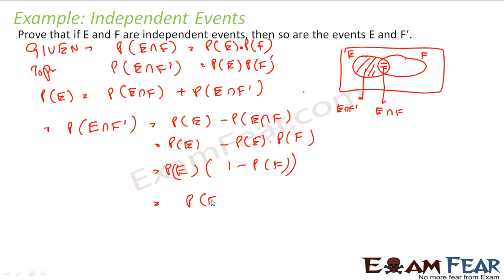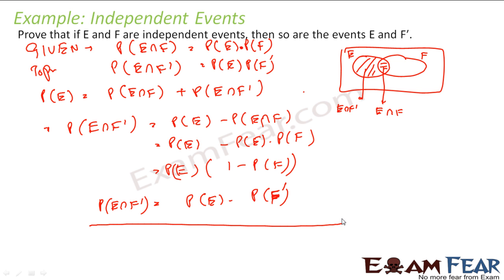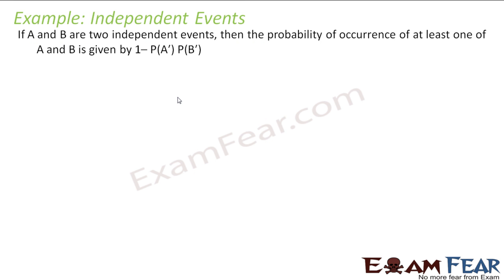Correct? This becomes PE dot PF dash, and that is what we are supposed to do. This is what we have to prove. P of E and F dash is nothing but PE dot PF dash. So the critical part was this formula here, which we have used to prove this particular example.